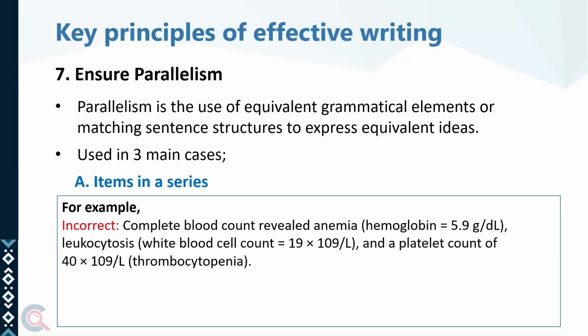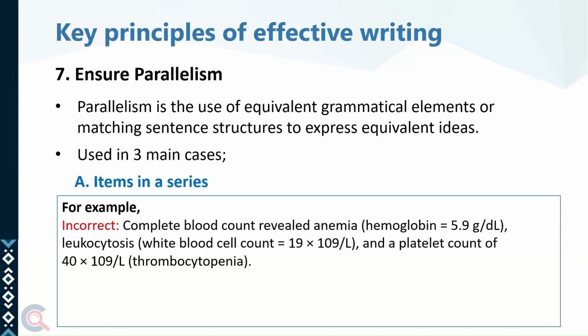Items in a series. For example, the statement, complete blood counts revealed anemia (hemoglobin equals 5.9 grams per deciliter), leukocytosis (we have the white blood count), and a platelet count of this.